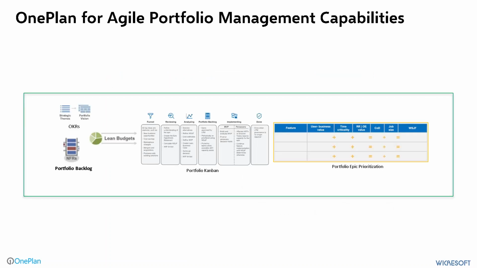So how does this come into play? Well, we are looking here at the portfolio backlog and portfolio Kanban, and if you want to start actually doing OnePlan for Agile portfolio management, this would be the way to go about doing that.